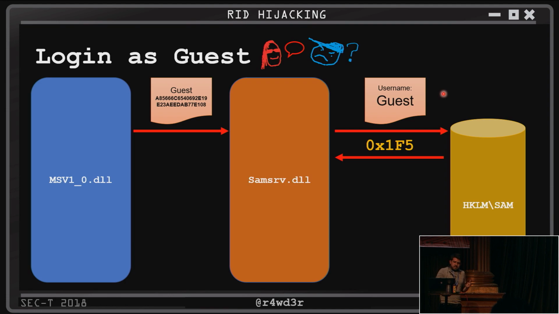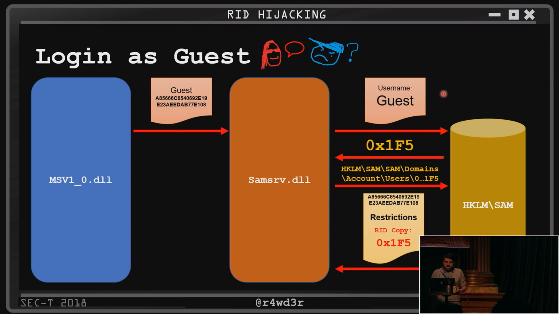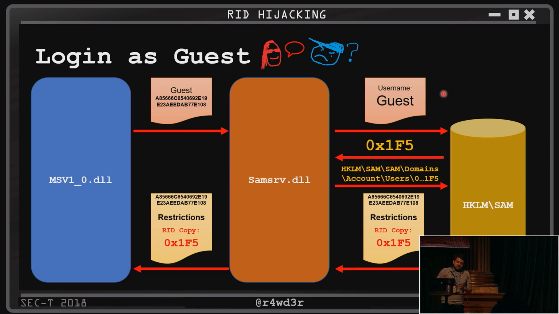It will retrieve 1F5, which is the hexadecimal version of the 501 RID. And based on that information, it will query the SAM again using the hexadecimal version of the RID, and it will grab the security information stored in the SAM. After that, the SAM server will return this information to the MSV1 DLL.